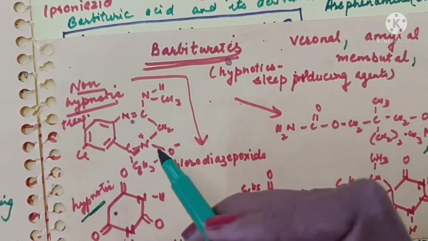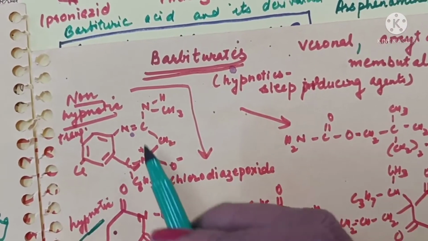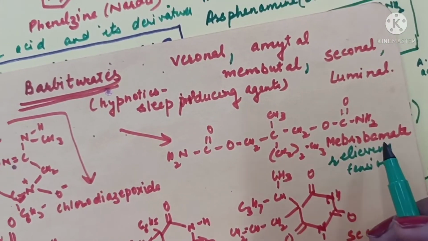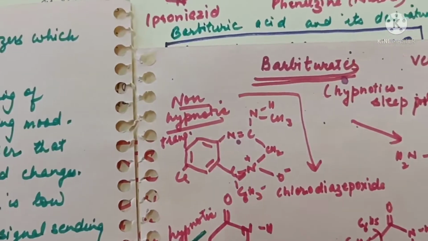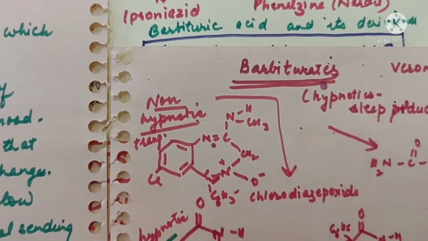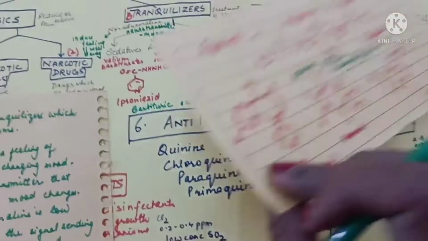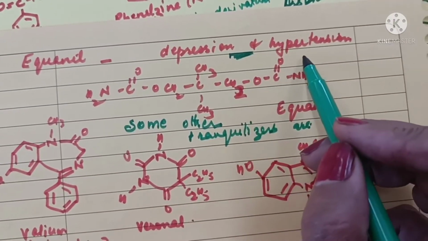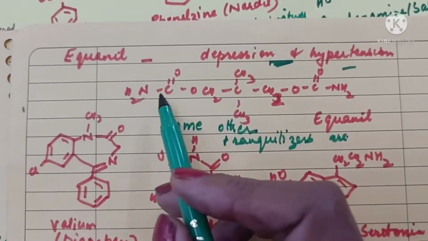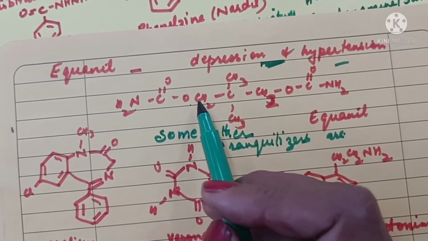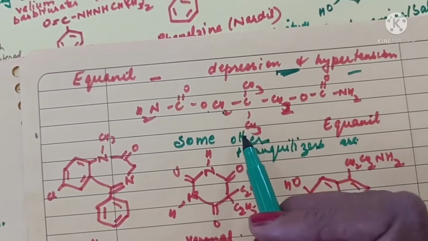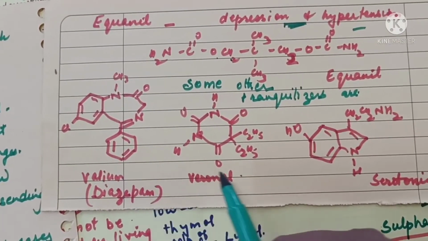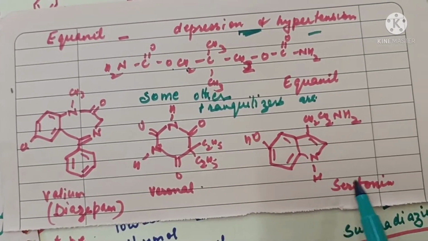These are called non-hypnotics. For example, chlordiazepoxide. Then we have meprobamate. These are non-hypnotic tranquilizers. Then equanil is also an important tranquilizer which is used when there is depression or hypertension in a patient. This is its structure, NH2COO, CH2 group on either side and 2 methyl groups. Some other tranquilizers are Valium, Veronal and serotonin.